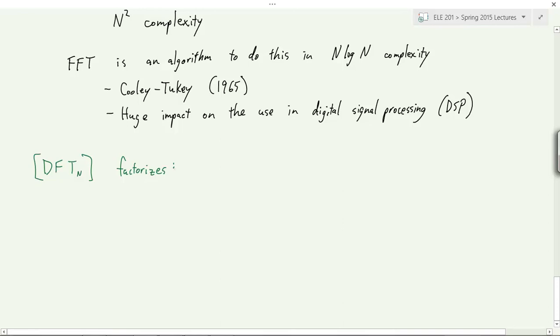So I'll just give you the example for n equals 8, just a rough idea. The DFT 8, well, we saw that we could represent it as the square matrix, the complex exponential matrix, but we can also factor it another way into 3 different matrices.